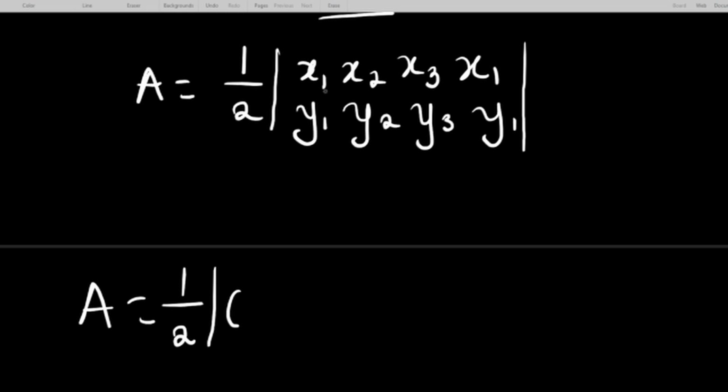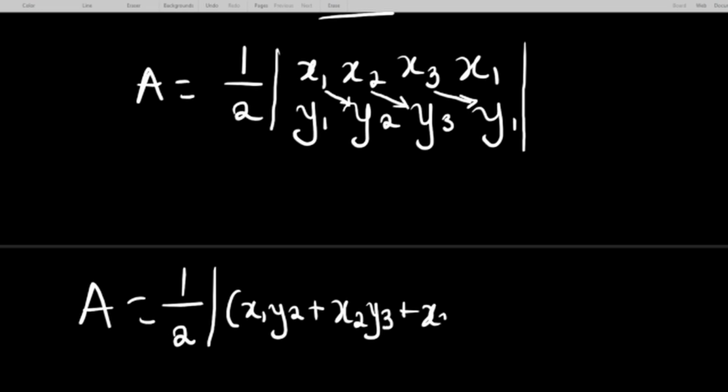Then just cross them this way: x1 y2, x2 y3, then x3 y1. Let's write them down here. x1 y2 plus x2 y3, and lastly plus x sub 3 y sub 1. Then you can close it and you say minus.